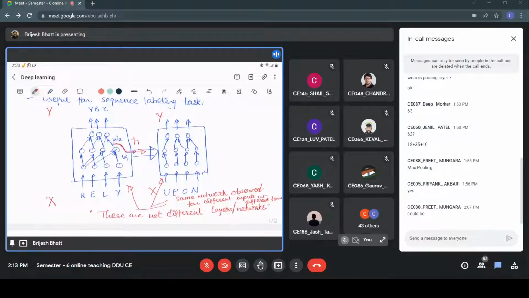So the network that I am talking about is the same, and we are observing its behavior for two different inputs. It is just showing different input at different times, but otherwise it is the same network. So the diagram that we have drawn is not correct. These are not different layers or networks. This is the same network. Do you agree with me?